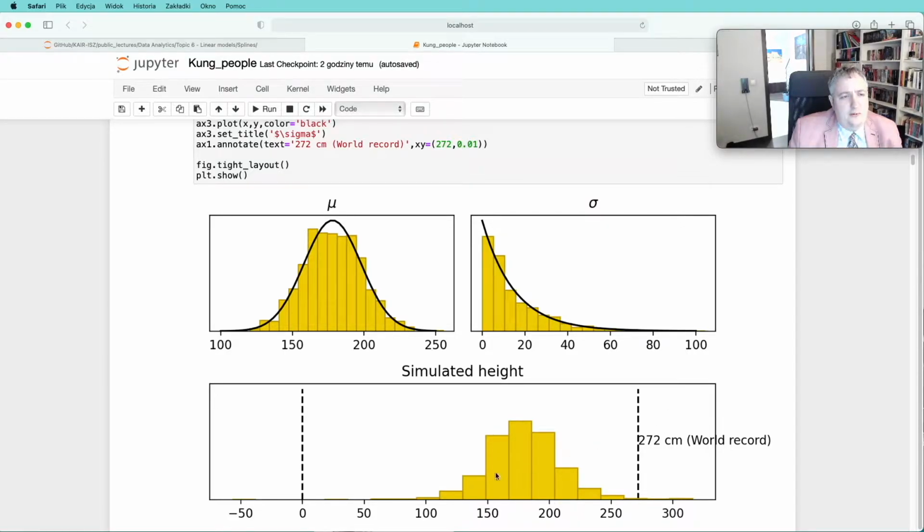Simulated height locates us in, let's say, a reasonable interval for most of the samples, because we didn't get any or a very limited number of negative heights. I think there's one sample hidden somewhere. We have also not exceeded the actual observed world record of height, which was 272 centimeters, again except for one or two samples.